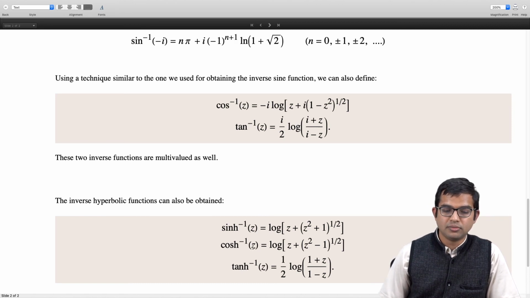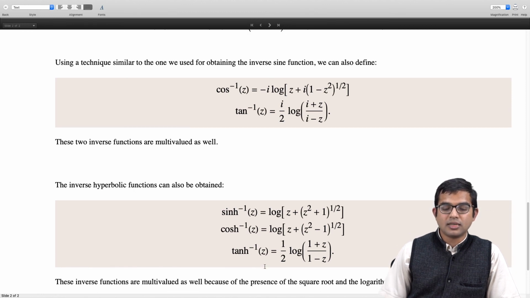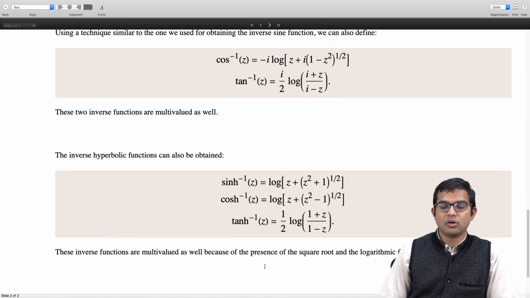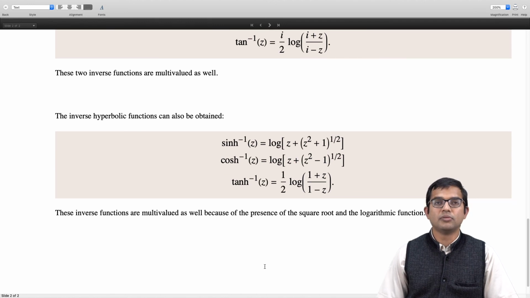So one can define the inverse hyperbolic sine function, sinh inverse of z to be log of z plus z squared plus 1 the whole power half, and then cosh inverse of z is log of z plus z squared minus 1 to the power half, and tanh inverse of z is half log of 1 plus z divided by 1 minus z. And indeed, these functions do have their multi-valued character.